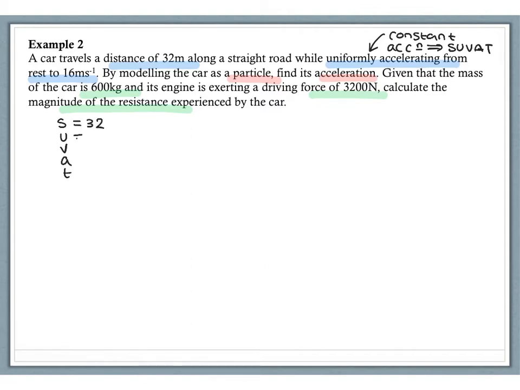The car starts from rest and accelerates up to 16 meters per second. We're trying to find out the acceleration and we do not know what the time is. So the Suvat equation that we are going to use is v squared equals u squared plus 2as. Let's fill in some information.